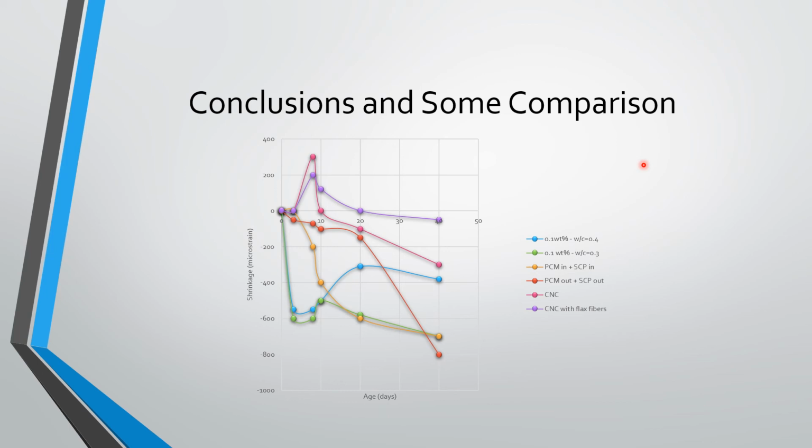The first stage was the first 8 hours, during which the sample contracted rapidly in the carbon nanotubes and PCM and SCP in specimen, because remember that the third research has PCM and SCP out, but in this case it's PCM and SCP in. We can show that in the orange.